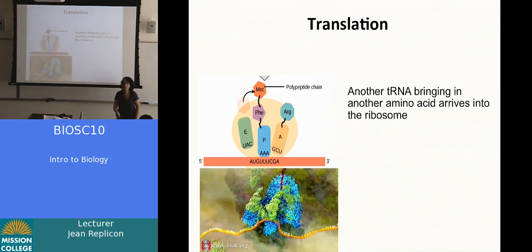But there's only space for 3 tRNAs. So if we want to start reading the rest of this, something's got to happen. What happens is that the very first tRNA, remember the one that was carrying methionine, is actually going to leave. But before it leaves, it has to do something very important: it has to leave that amino acid. And so a growing chain is created here.